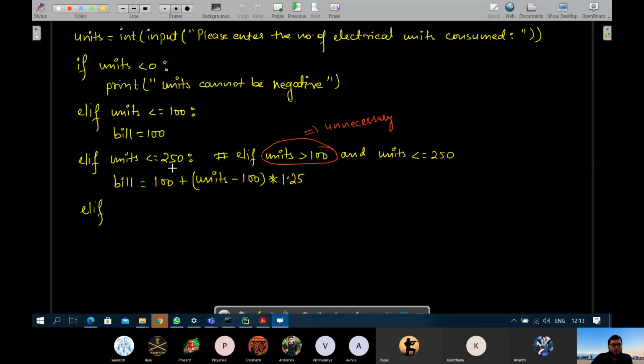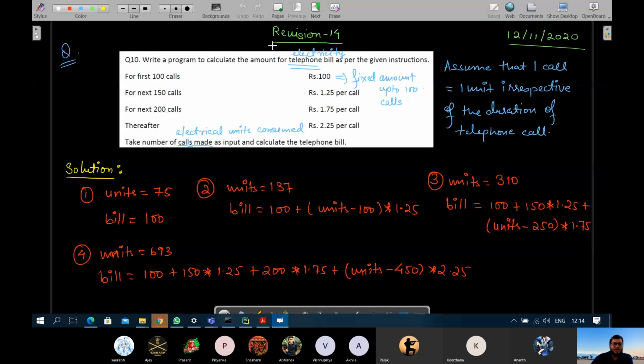Okay, then up to greater than 250 but less than 450, it will be here. You will write, that is automatically assumed if it has come to this elif, that means calls are of course greater than 250. So we'll not write this part units greater than 250, we'll only write units less than equals to 450. क्यों? देखा होगा तुमने क्वेश्चन में, for first 100 call it was 100, up to next 150 call, that is up to the total number of calls as 250, you will be having different structure.